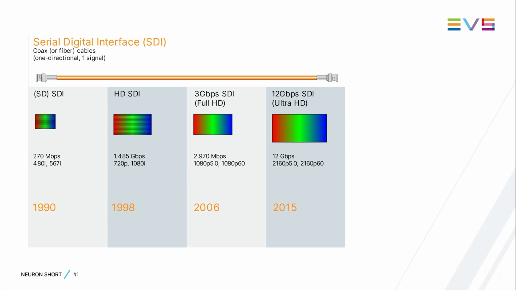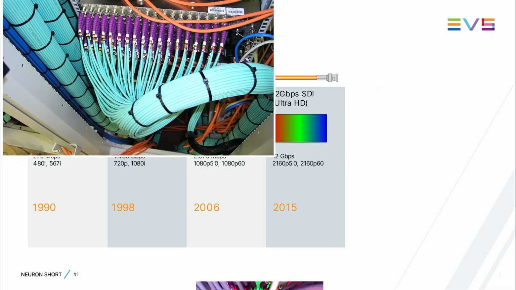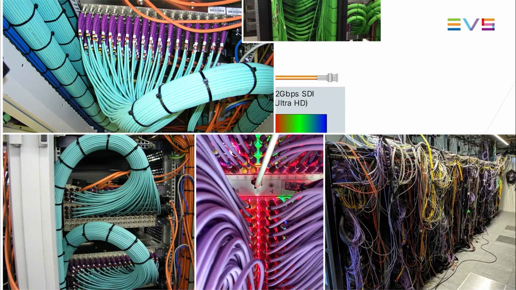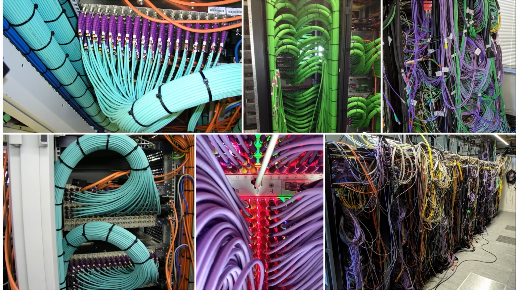Professional cabling companies obviously thrived during this SDI peak, creating these kinds of, admittedly sometimes very satisfying looking, installations of insanely big bundles of cables. You can imagine of course that cables and cabling services were at one point responsible for a big chunk, if not the biggest chunk, of the total investment in a new broadcast facility.